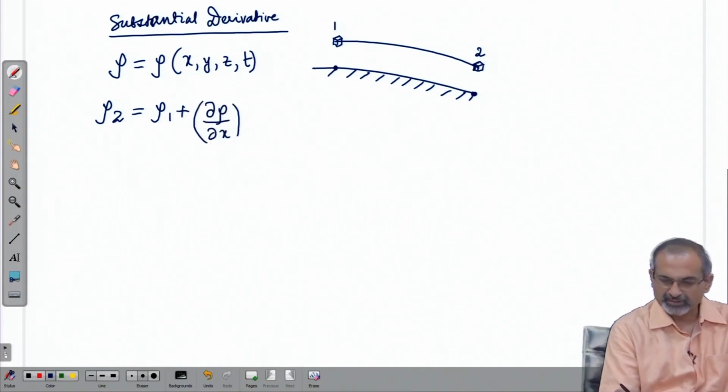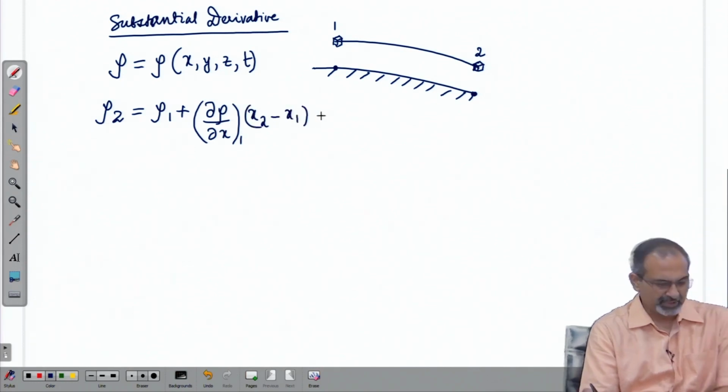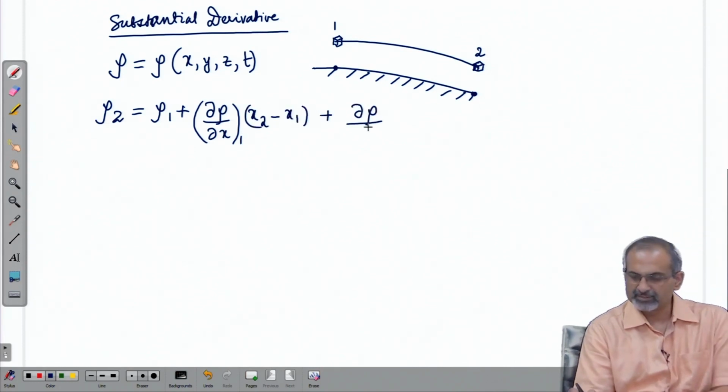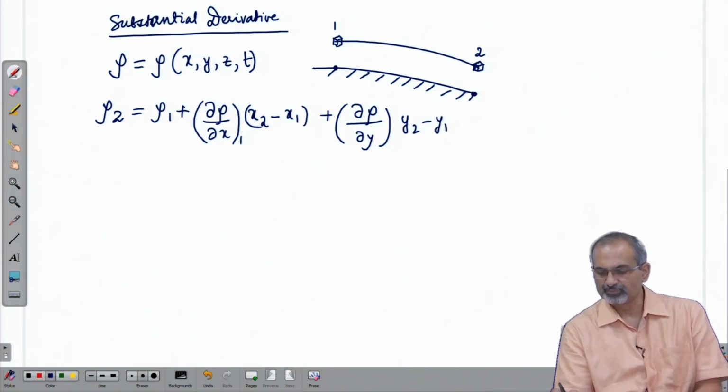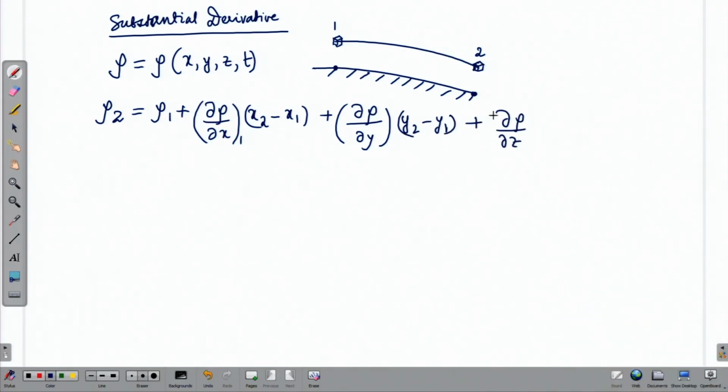So, we expand it in a Taylor series and you will be able to write it in this manner by including the different partial derivatives of rho with respect to x, y and z as well as the time.